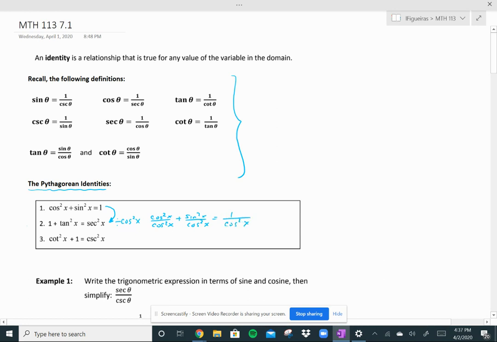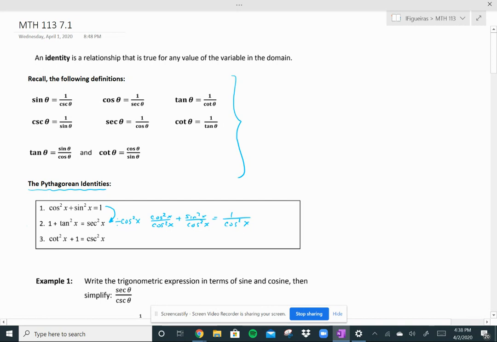Well, we know that cosine squared over cosine squared, that's where the 1 comes from, right here. Sine squared of x over cosine squared of x, remember that's equal to tangent squared, so that's where tangent squared comes from. And 1 over cosine, we know is equal to secant, so that's why we get secant squared after the equal sign in that identity.